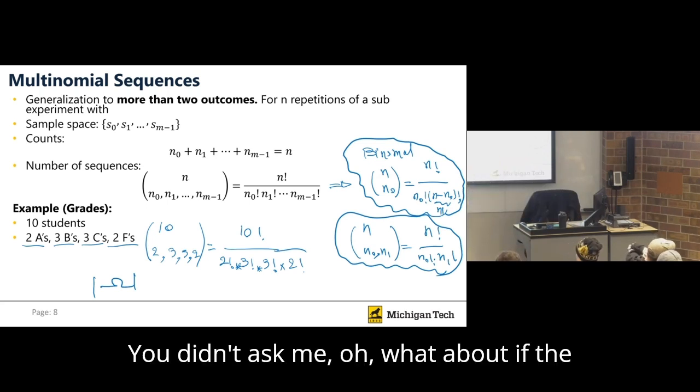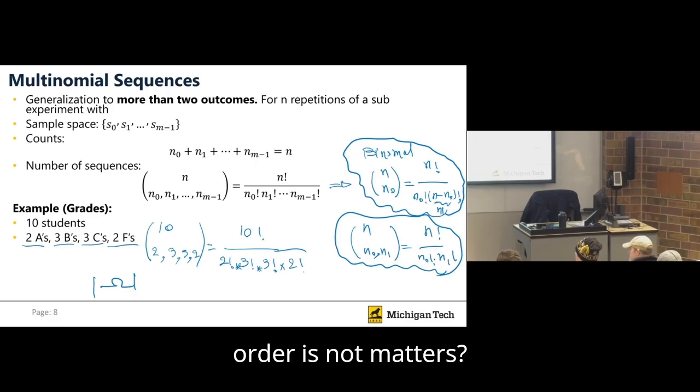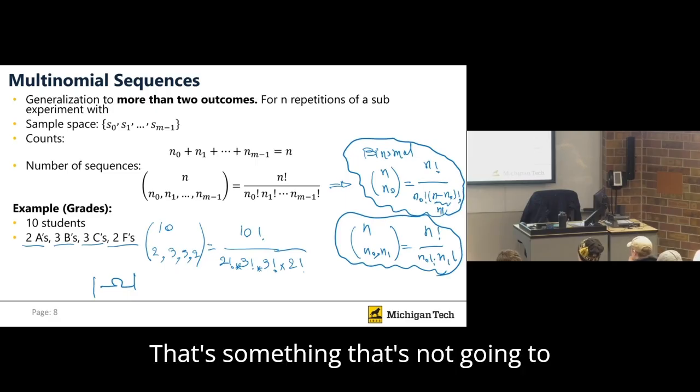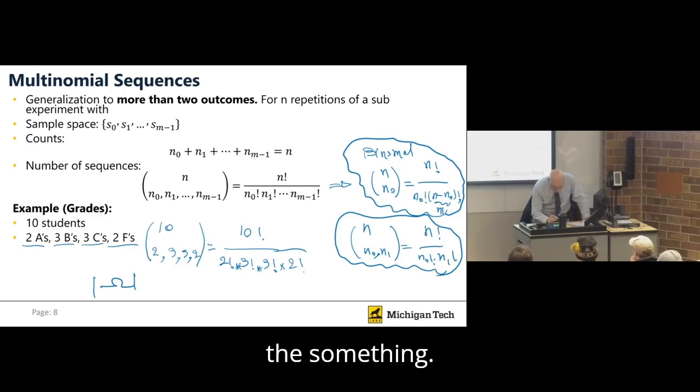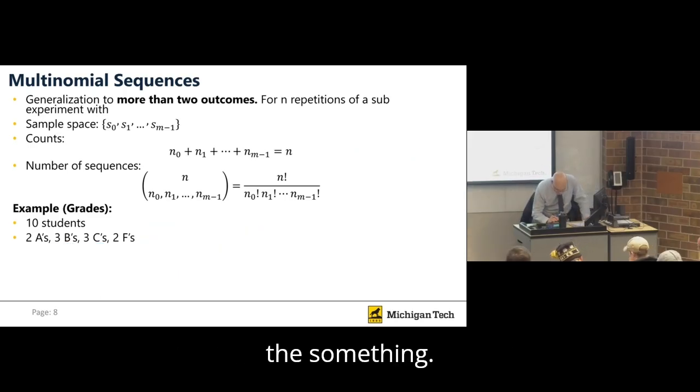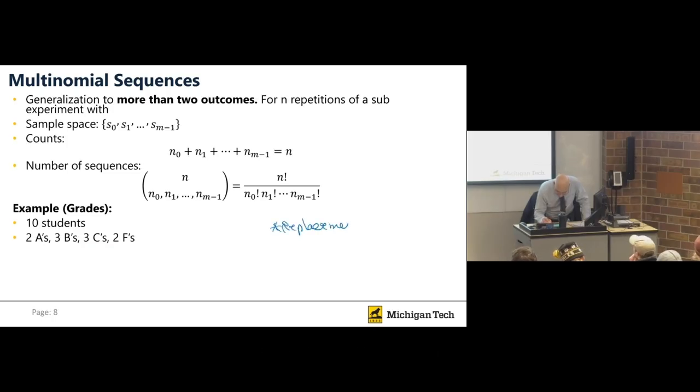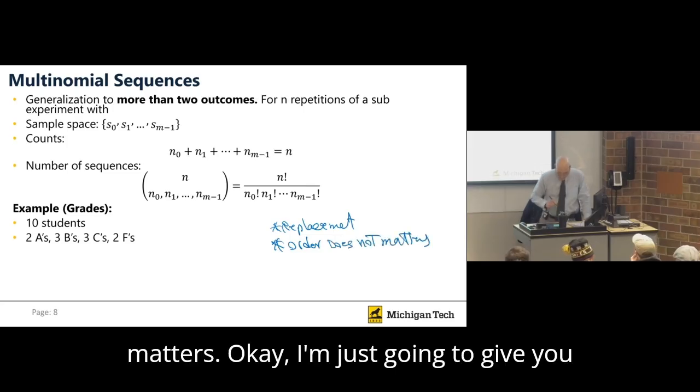You didn't ask me, oh, what about if the order does not matter? That's something that is not going to happen. But I'm just going to tell you something. With replacement, order does not matter. Okay, I'm just going to give you one example.